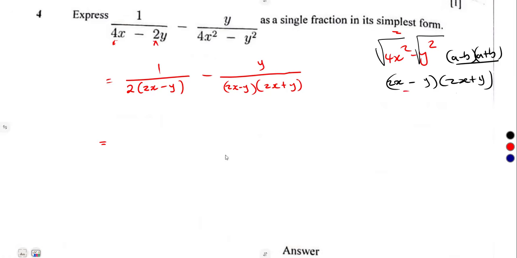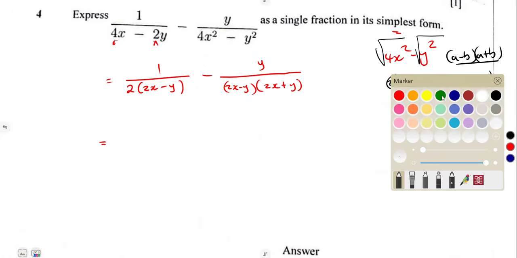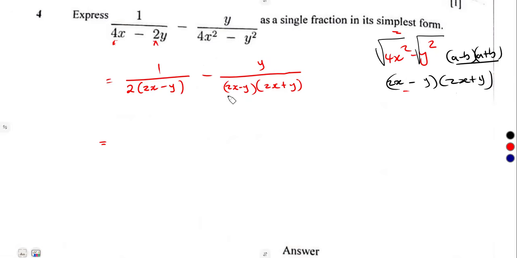All right. So having these two brackets, and here we have got 2 and 2x minus y. These two same. So we can simply make sure that the denominators are the same so that we can simply combine the numerators. So there are so many ways of doing this, right? Since we have got 2x plus y here, we are going to bring it this side.